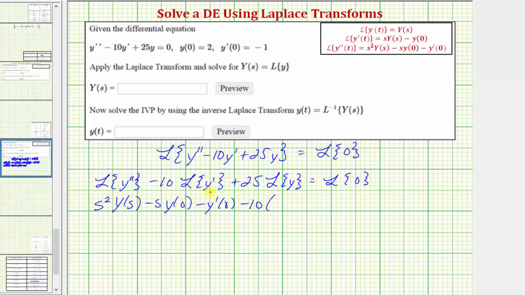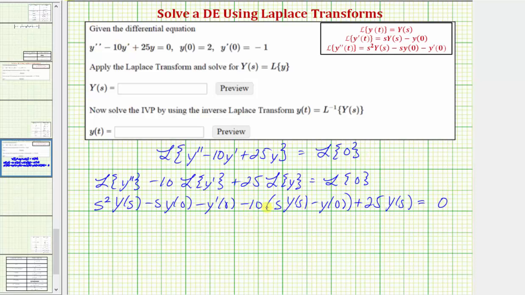The Laplace transform of y prime equals s times big Y of s minus y of 0. Then we have plus 25 times the Laplace transform of y, which will give us plus 25 times big Y of s equals the Laplace transform of 0 is 0.